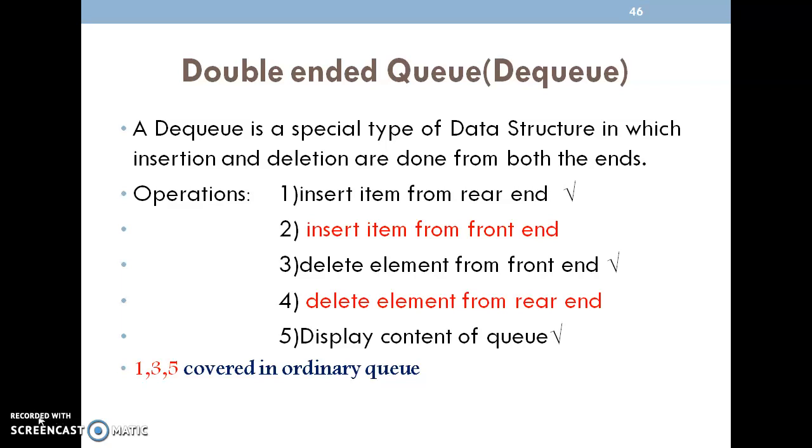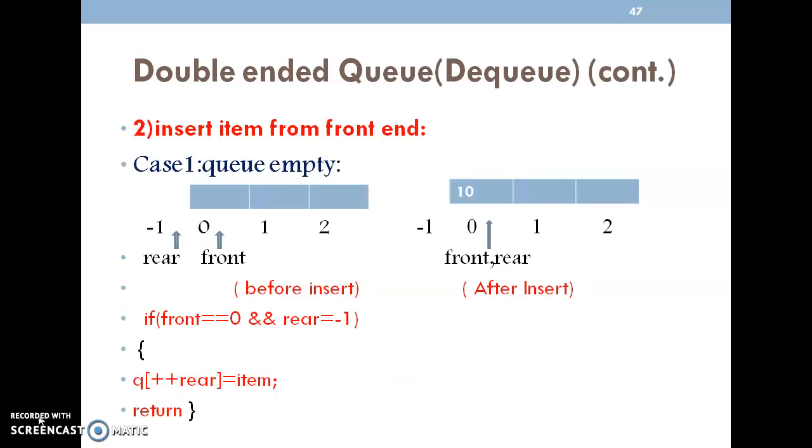The first operation is inserting an item from the front end. For that, it contains 3 cases. In the first case, how to insert the element from the front end when the queue is empty. I have taken 2 tables here. The first one shows the queue before inserting the element, and the second one displays it after inserting an element.